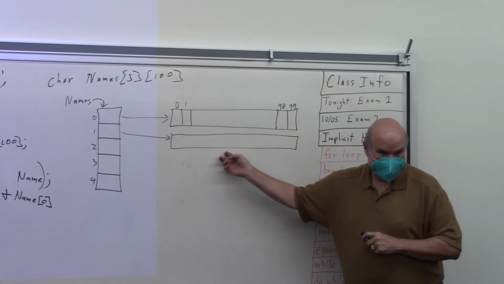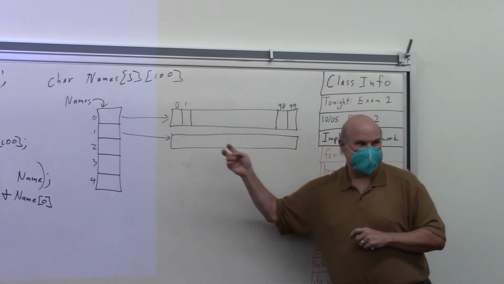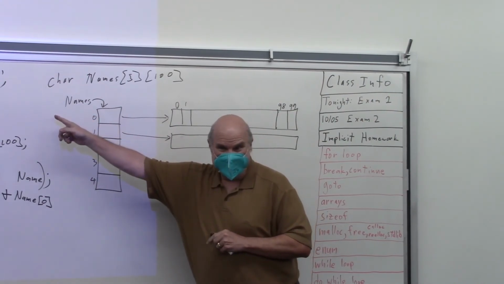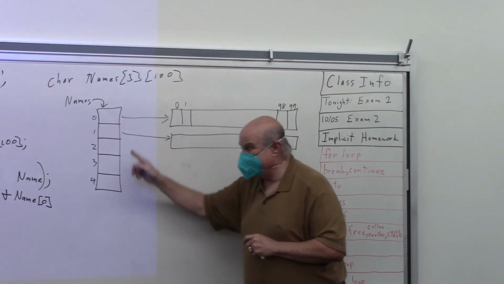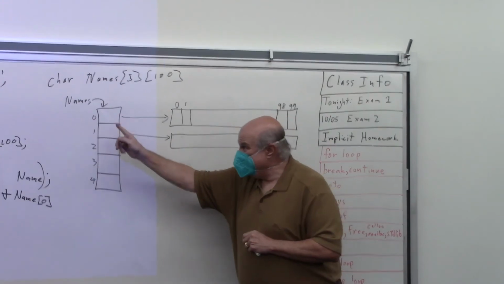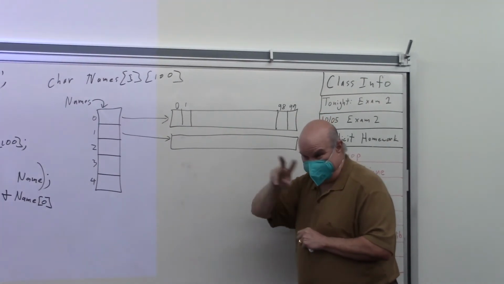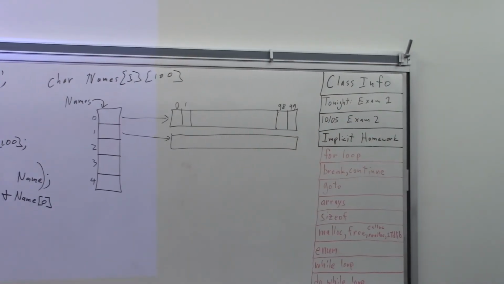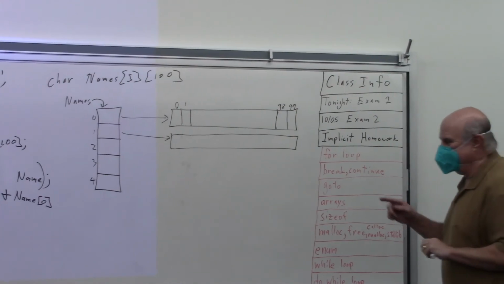Okay? This is what two-dimensional arrays actually are. The first dimension is a pointer to an array of pointers. Each of those pointers, because it's two-dimensional, points to real data. So therefore, hang on, I'll come back.